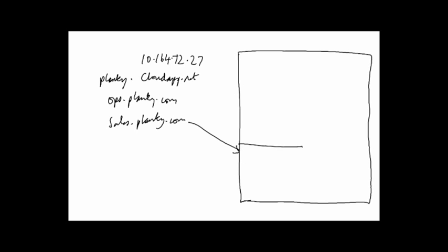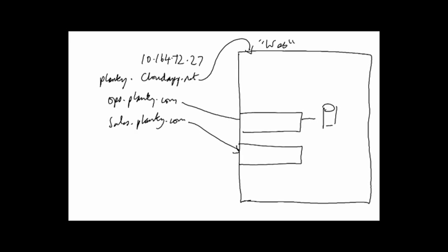So there's the sales site, there's the ops site, and here really at web is the cloudapp.net site. And we know that each of these is running in its own physical directory.